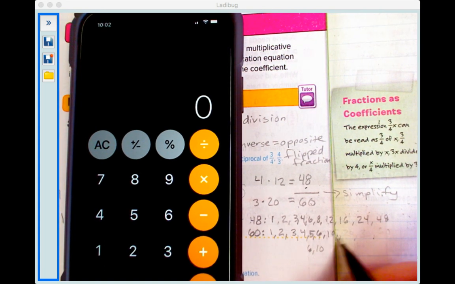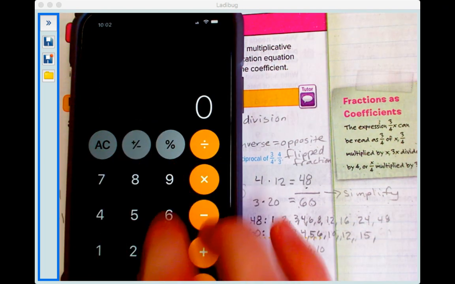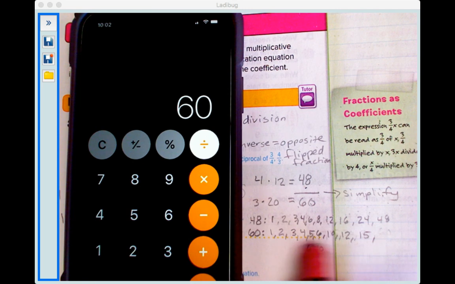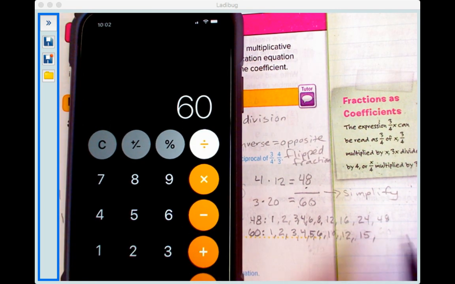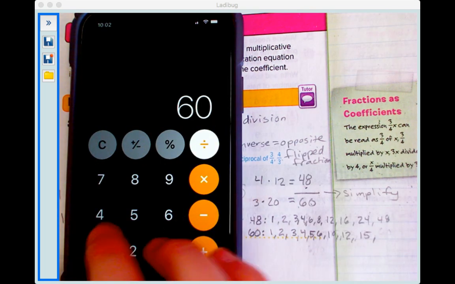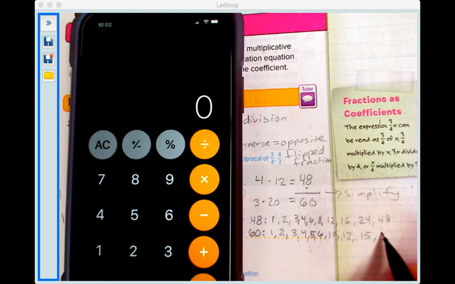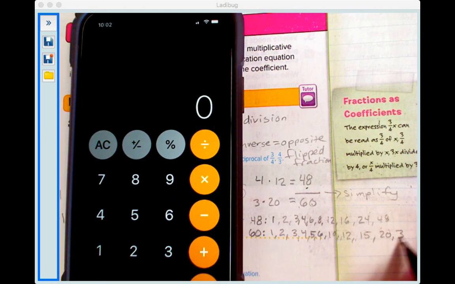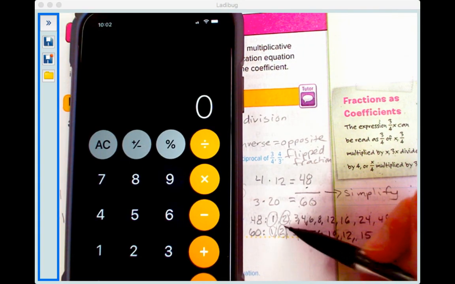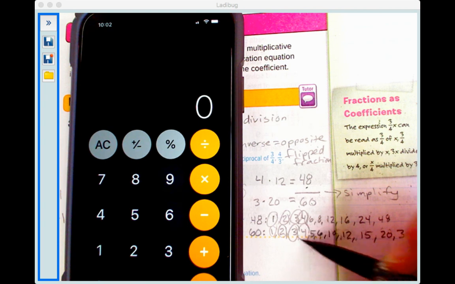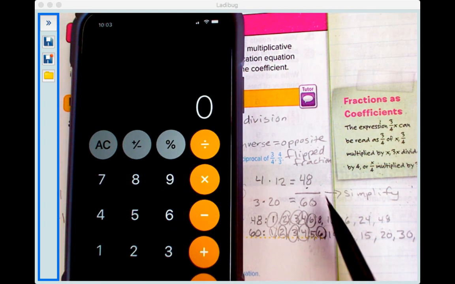6, 10, 12, 15, 20, 30, and 60. So now we're going to circle all the ones that are the same, because the ones that are the same are what we can divide these by.